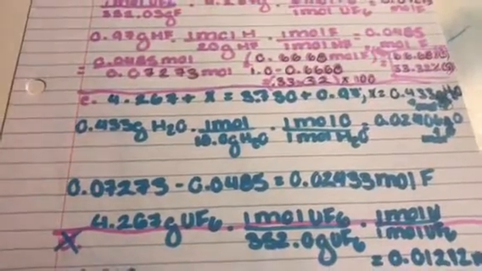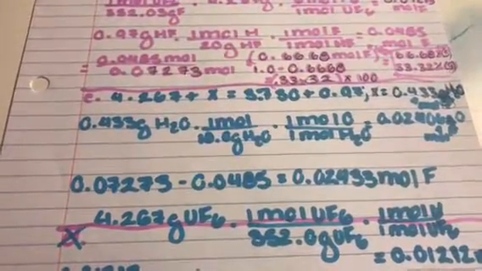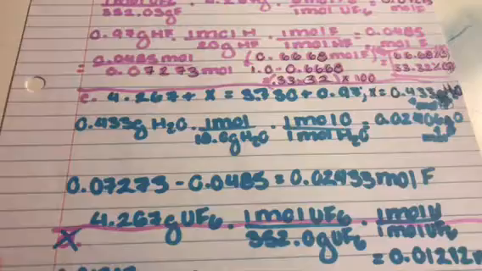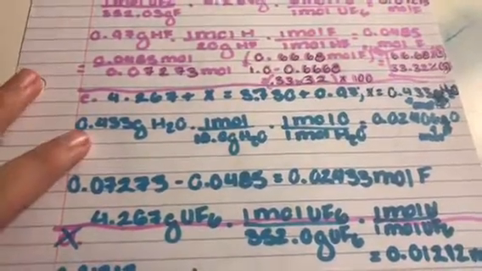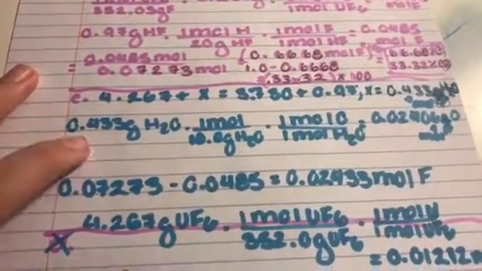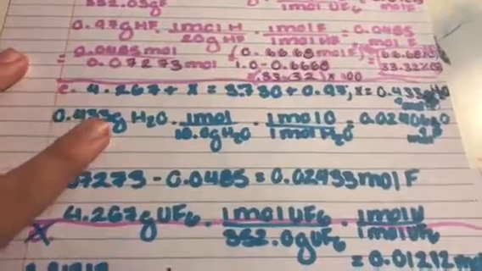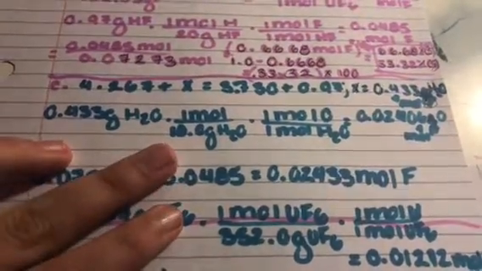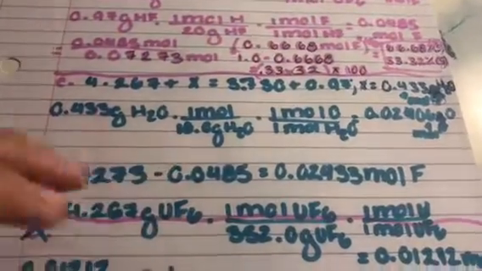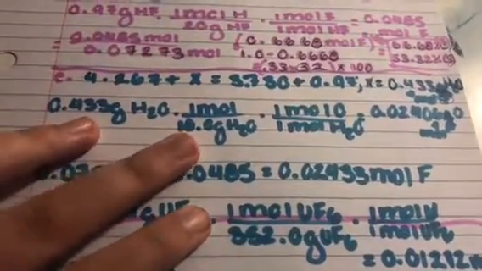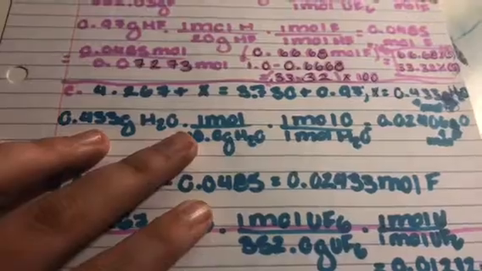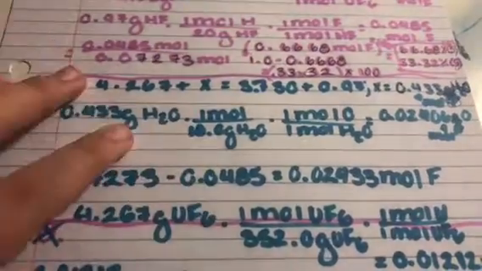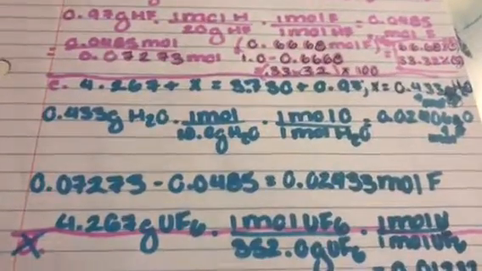We need to find what that is equivalent to in terms of moles of oxygen. So we have the value that we just solved for divided by 18.0, which is the typical molar mass of water, 18 grams per 1 mole.